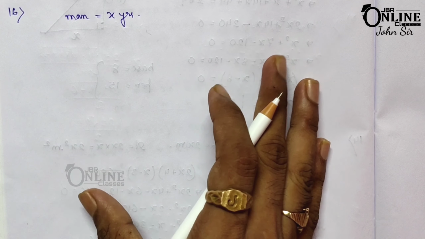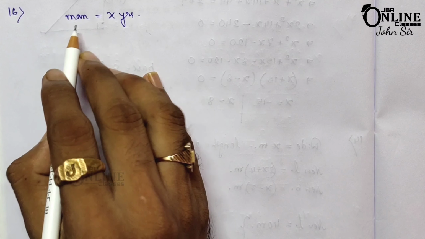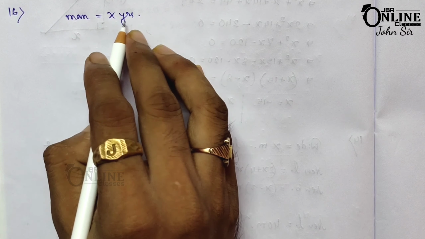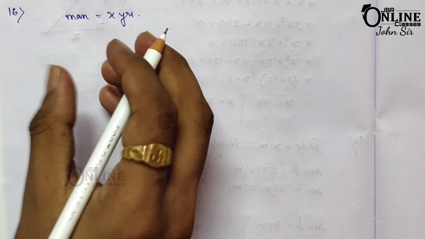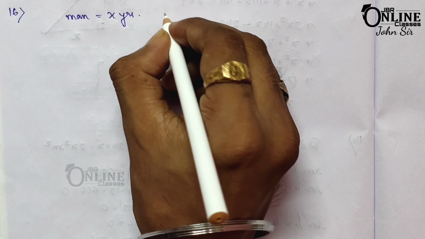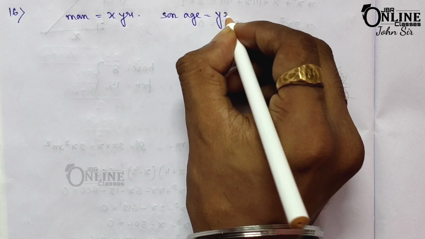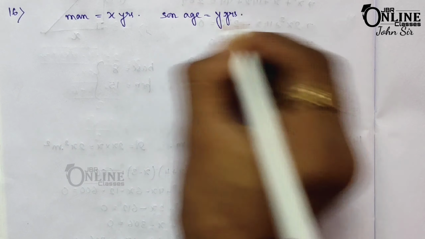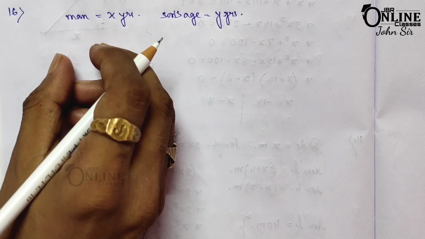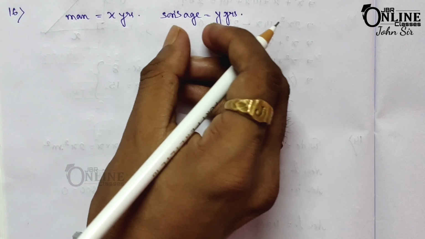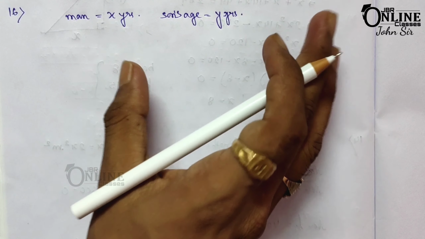Find their present ages. Okay, so let the present age of the man equal x years, and the present age of his son equal y years.